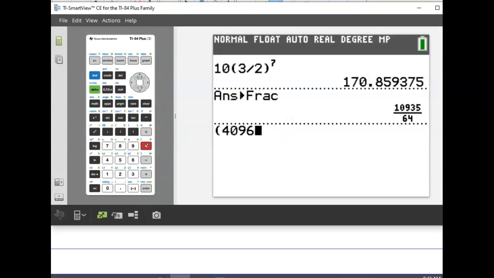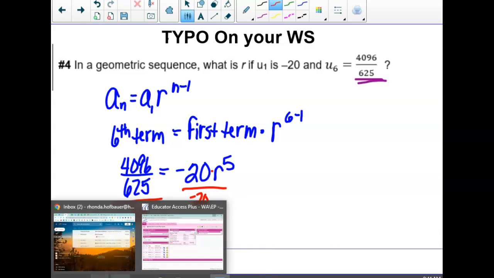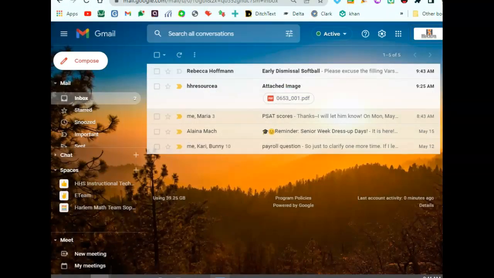Divided by 625. And now I'm dividing that by negative 20. I don't think you need those parentheses. Not positive, though. It was 626 instead of 625. It's wrong on the worksheet. There was a typo here. Okay, make it 625. Otherwise, it comes out really nasty when we take the 5th root. Thank you for fixing me, as always, though.